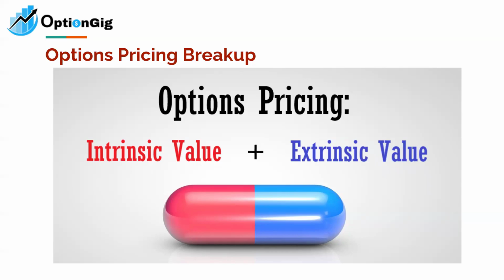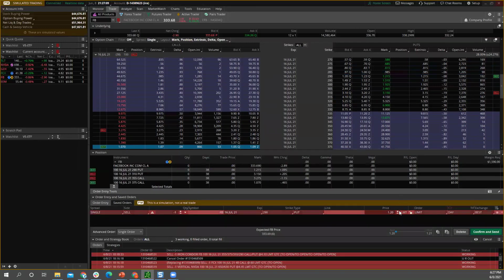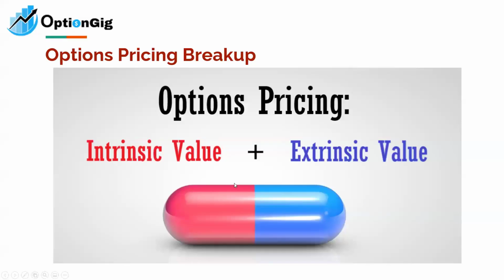What I mean by the price of the option is, for example, let's take this 350 put option on Facebook, which I'm trying to sell, currently priced at $20.45. Now this $20.45 has two components in it.